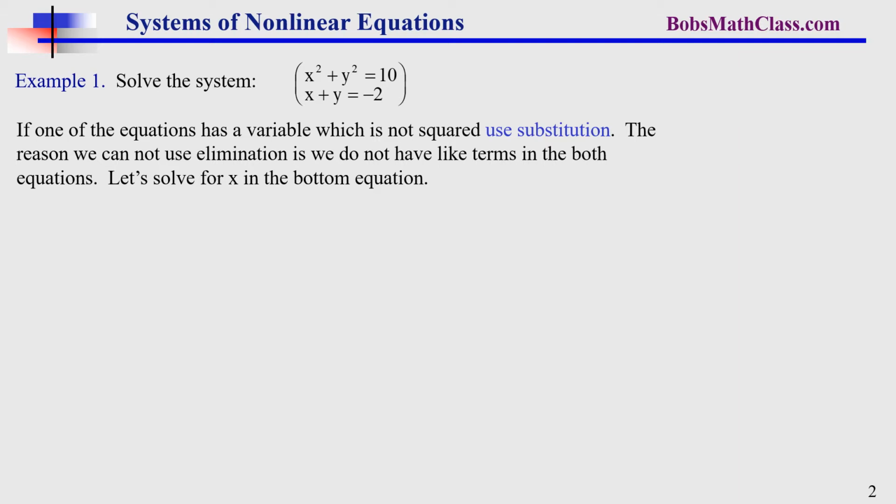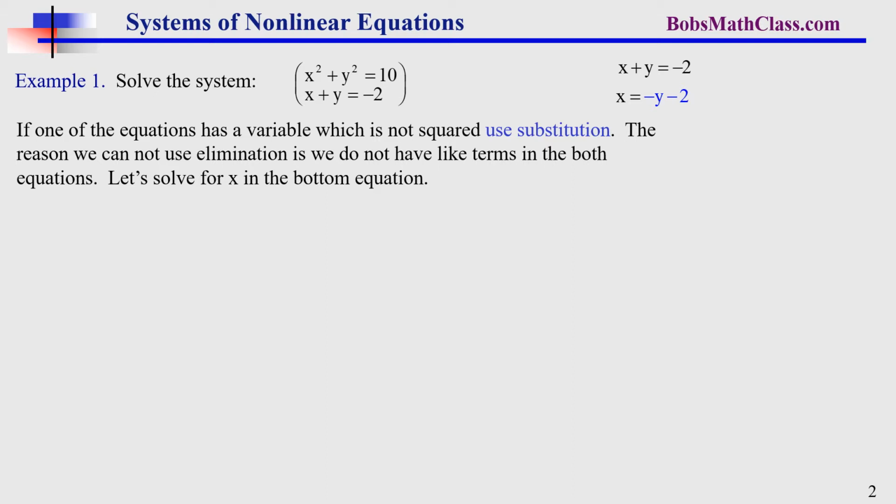You could get y by itself in the bottom row, but just so that our work matches, we'll get x by itself in the bottom row. So to get x by itself, subtract y on both sides. You could write that as -y minus 2 or -2 minus y, it will not matter.